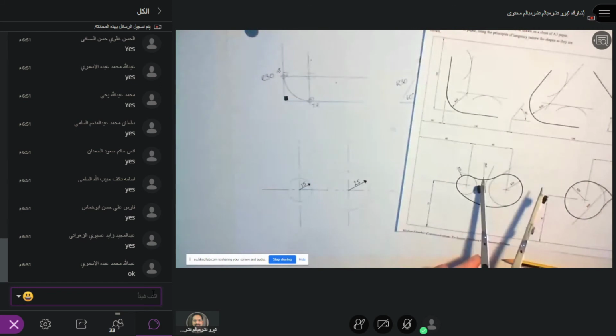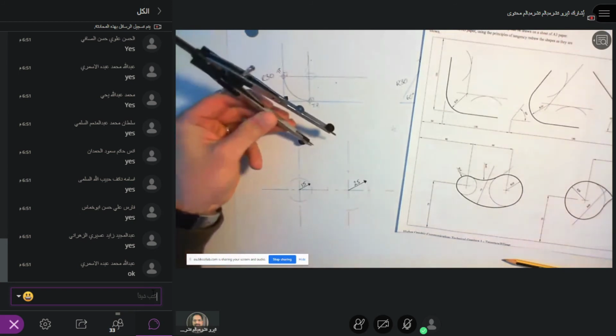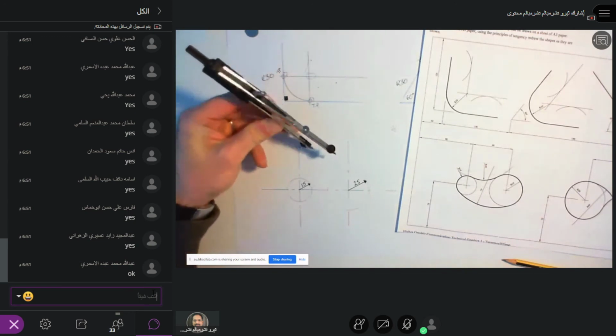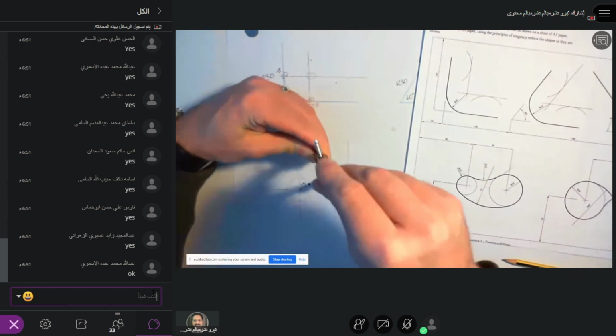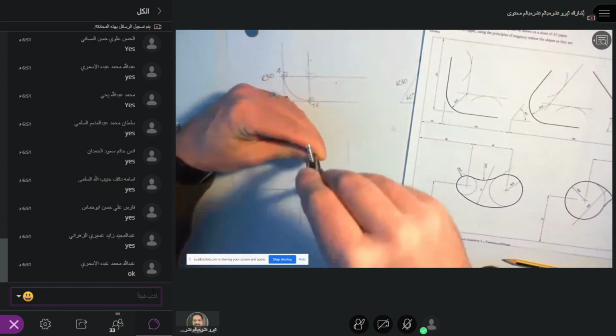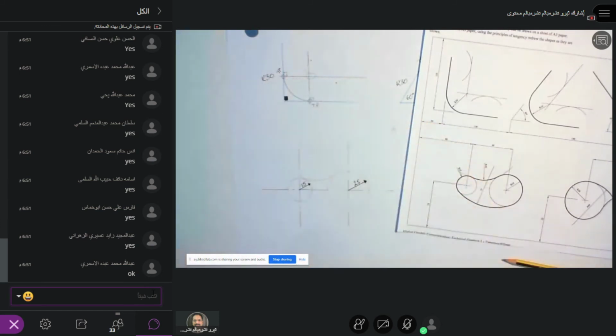I have to remember to set my compass now to 40. So I go back, reset my compass once again, really carefully, to 40 millimeters, and then I put my compass point on here, and trying not to get my hands in the way too much, I'm going to draw my curve there.